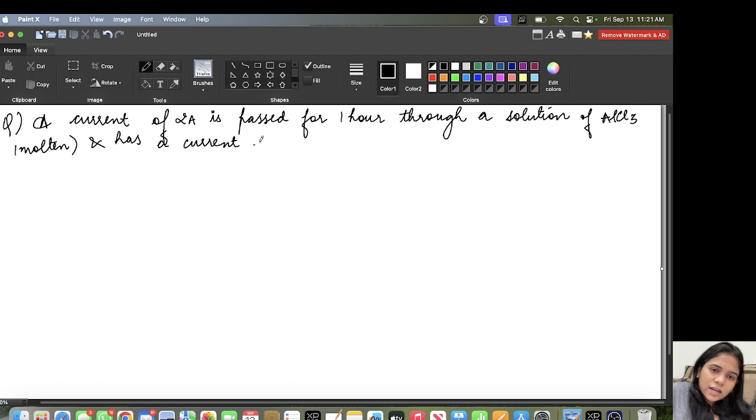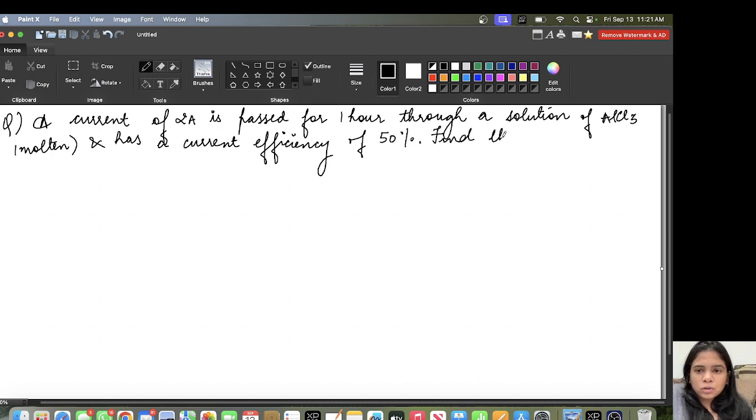They are not giving us the current directly, they are giving us the current efficiency. What do you need to find? The amount of aluminium deposited at the cathode.